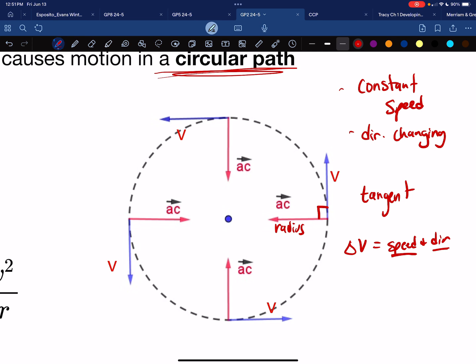And this is hard for most of us to adapt to, this concept that even when something is traveling at constant speed in this orbit, its velocity is changing because the direction is changing. And if there's a change in velocity, that means there must be acceleration. So any change in velocity means that there is acceleration.